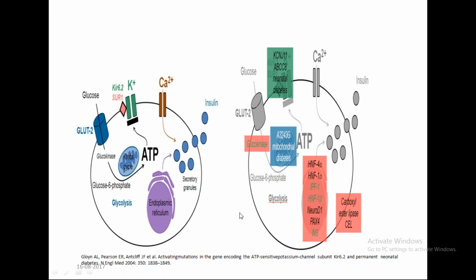So whether it is MODY or mitochondrial diabetes or neonatal diabetes, whatever we are talking about in this class, all are dealing with the genes which are responsible for encoding the proteins in this particular diagram, which is well known to you, where you have seen the sulfonylurea concept. So now you got a gross idea, I suppose.